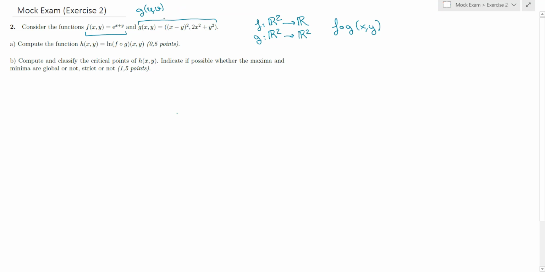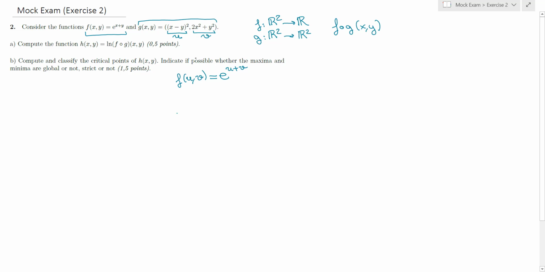If we want X and Y to appear in the final result, not changing the name to G, but doing it with F. It's the same in any case. So F of U and V is equal to what? Is equal to E to the U plus V. We have only renamed the variables. And then this is what we will call U, the first variable here, and this is what we will call V. If we do the other side, the only thing is that the result will be in terms of U and V. It's the same thing.